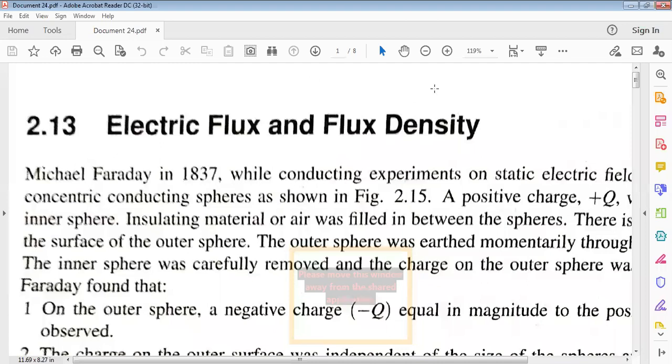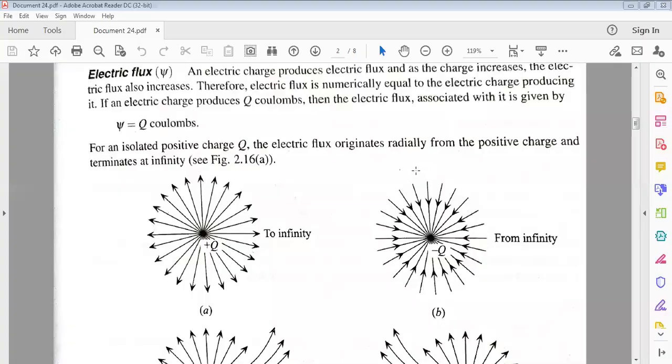That's why psi equals Q. Psi is the universal notation for electric flux, and the flux always depends upon how much charge is imposed. That's why psi equals Q.